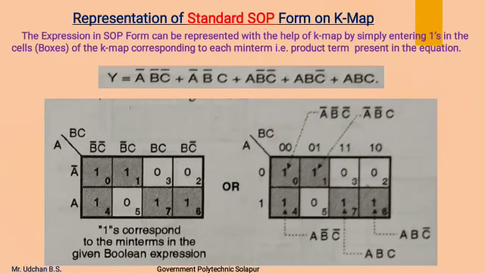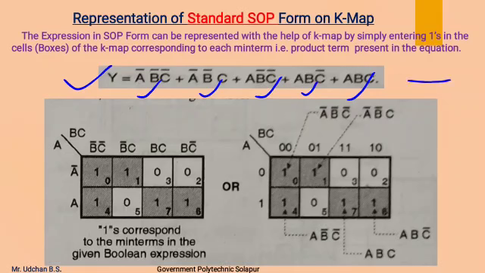Now we will see the representation of standard SOP form on the Kmap, how we can represent the given expression in the Kmap. For that we have to enter ones in the cells or boxes of the Kmap corresponding to each min term, that is, each product term, and we enter 0 for the remaining cells.